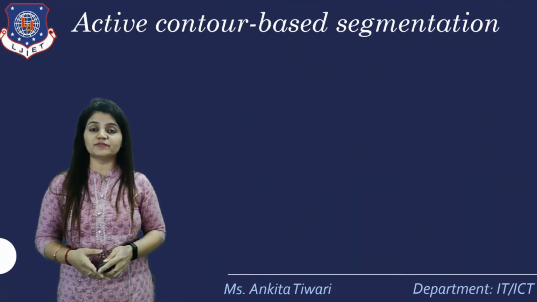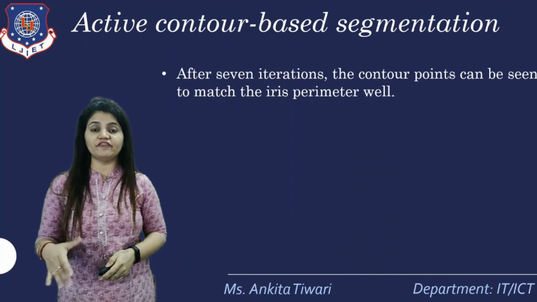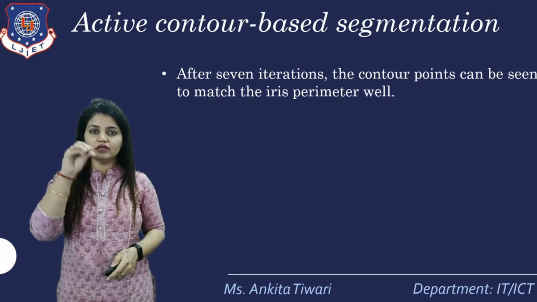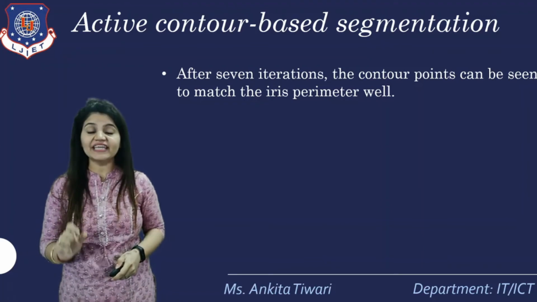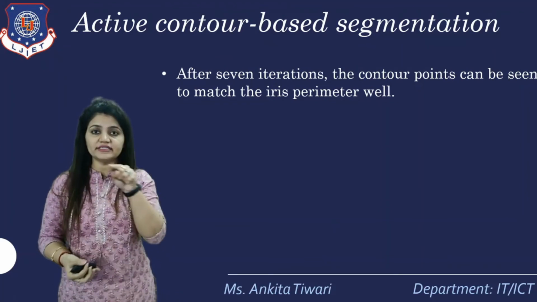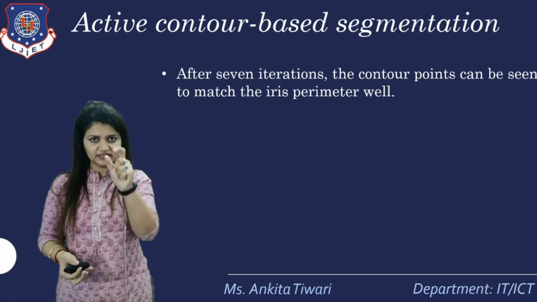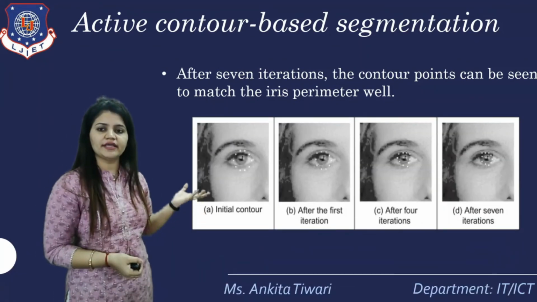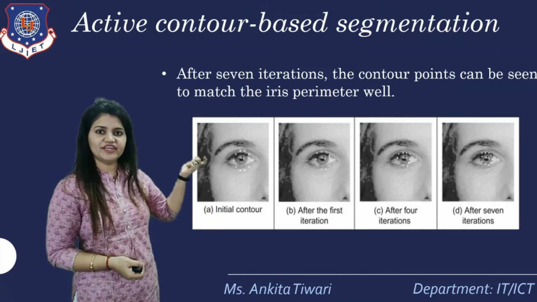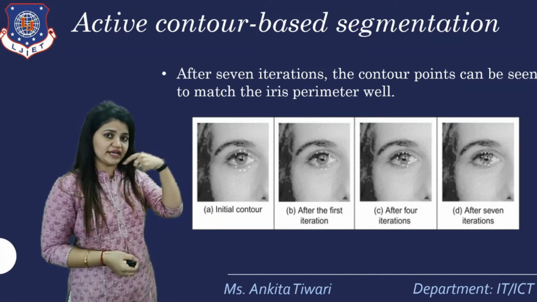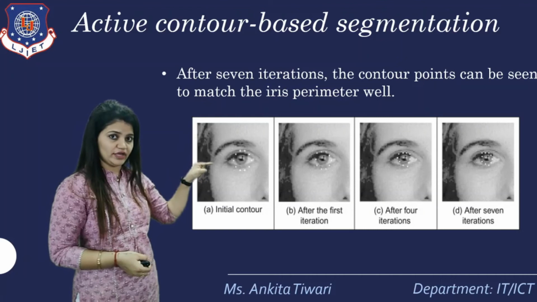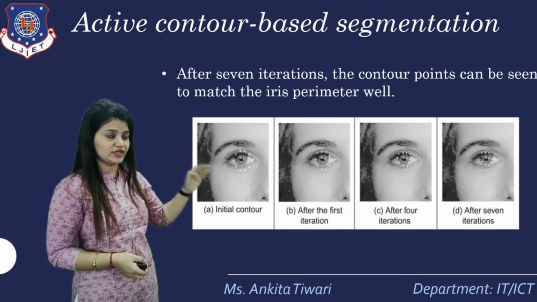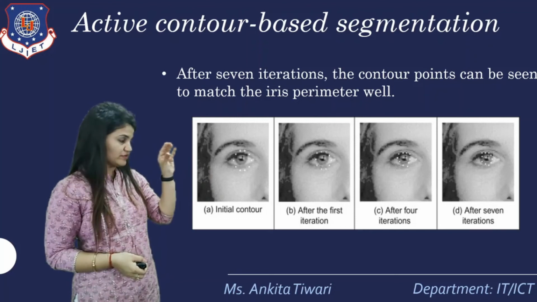After 7 iterations, that is 1, 2, 3, 4, 5, 6, 7, the contour points can be seen to match the iris perimeter, exactly at that perimeter value. As you can see, the initial contour is totally outside the iris. After the first iteration, it has shrunk somewhat inside.